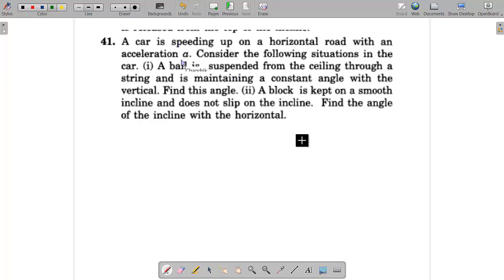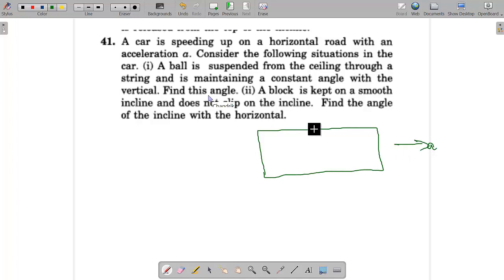Okay, so the ball is suspended from the ceiling through a string and is maintaining a constant angle with the vertical. So the thing is, there's a car moving with an acceleration a. There is a string.